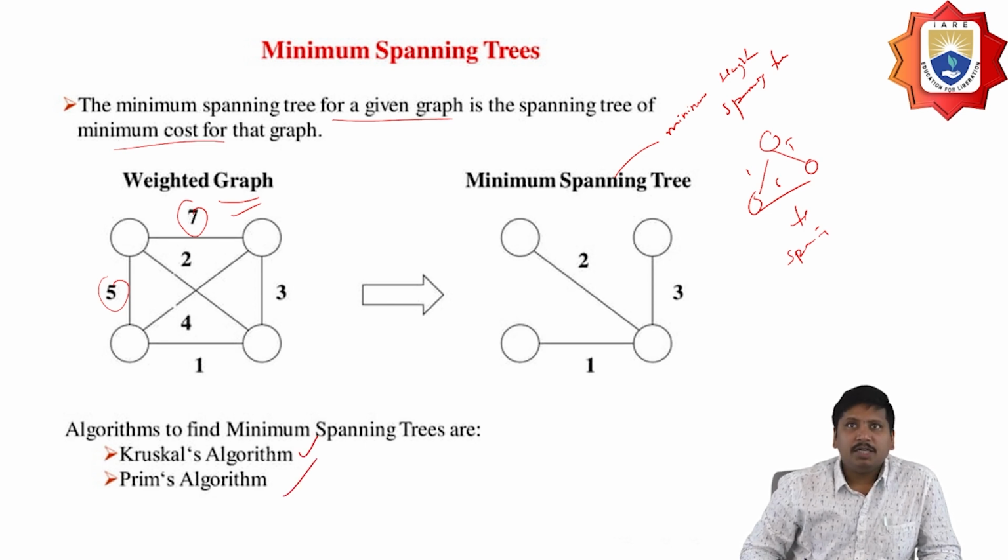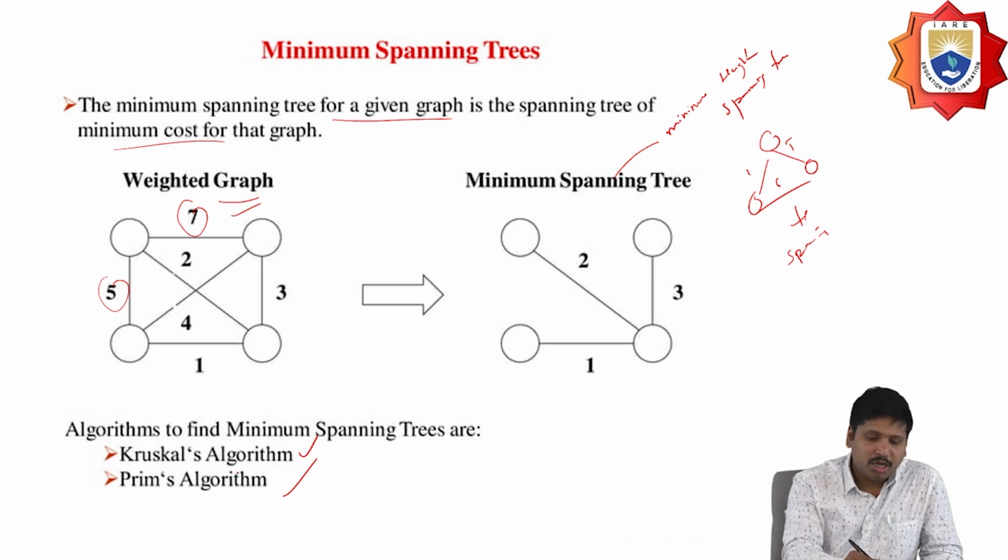The spanning tree of the given graph is constructed so that the cost is minimized. So the minimum weight of this graph is given, and from that we are going to construct the minimum weight spanning tree.